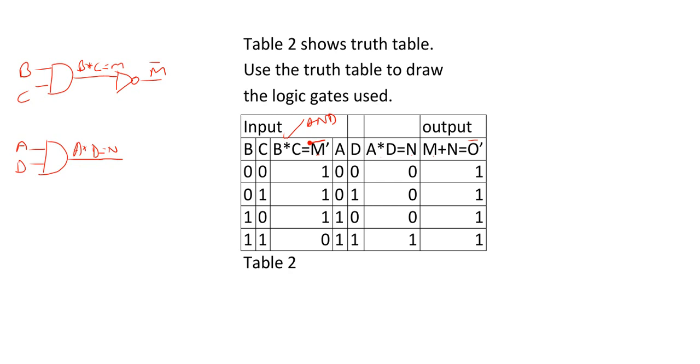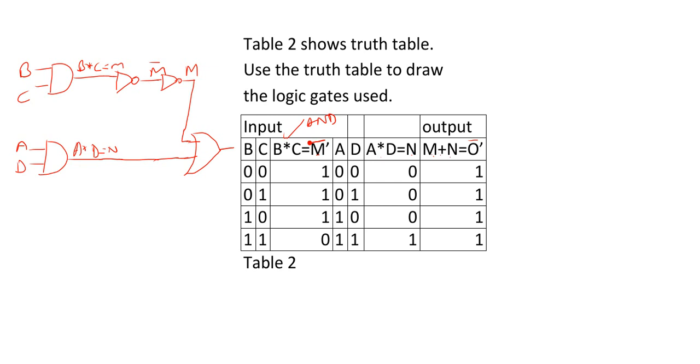So this complement M, we pass it through a NOT gate again to get the M which is being used at the output. Then here we have the N which is not changing. So we are going to pass our M and N through an OR gate, whereby the OR gate will give us M or N.